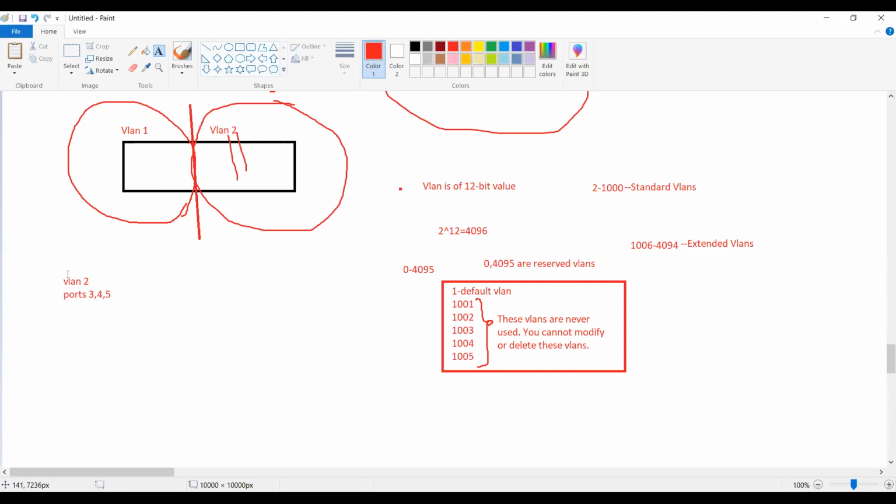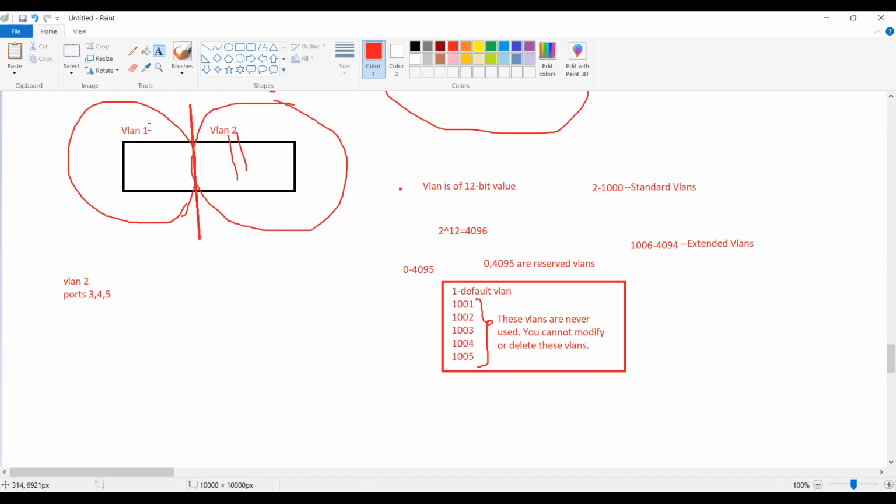For the rest of the ports, who is the owner? VLAN 1 is the owner. Clear? Now, what I am trying to say is there are two broadcast domains for the switch. One will be in VLAN 2, other will be in VLAN 1. Simple thing. Any confusion still?